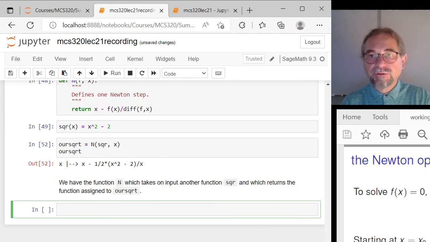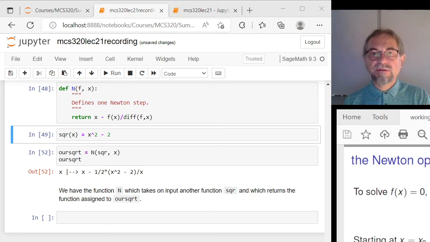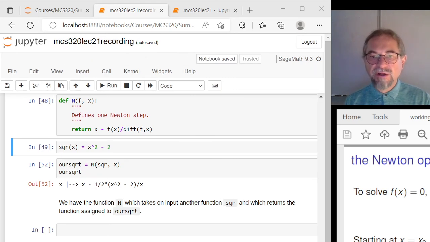So we have a function, we'll call it an operator, so the capital N, which is defined by f and x, and here it's a Python function, but it's executed in the SageMath context, so the derivative is defined. For the little f in the formal parameter, I use SQR, which is the definition of x squared minus 2.